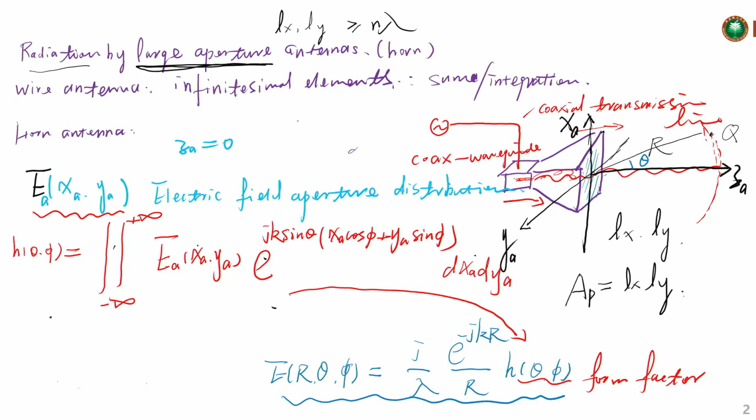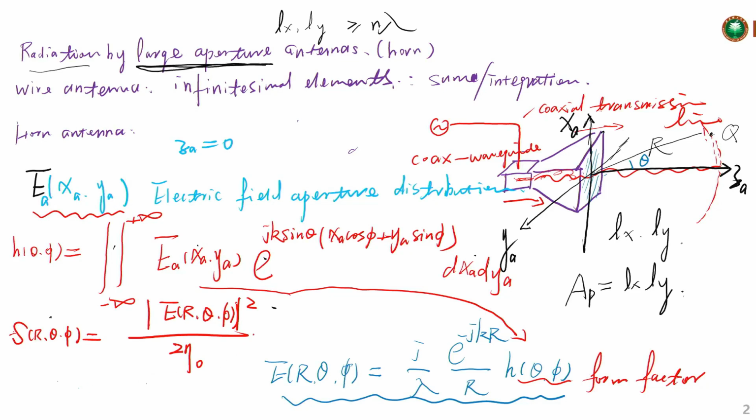And then we can calculate the electric field, and also we can get the power density. The power density S(R, theta, phi) equals the absolute value of E(R, theta, phi) squared, divided by 2 eta naught, as the expression of the power equation.